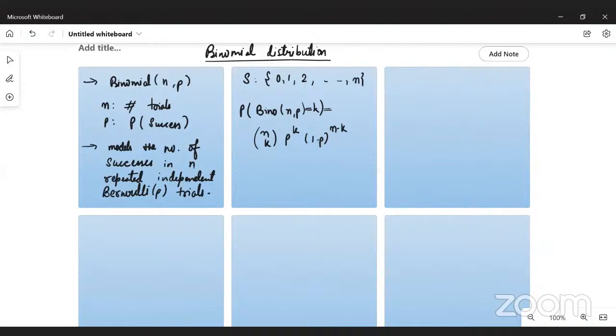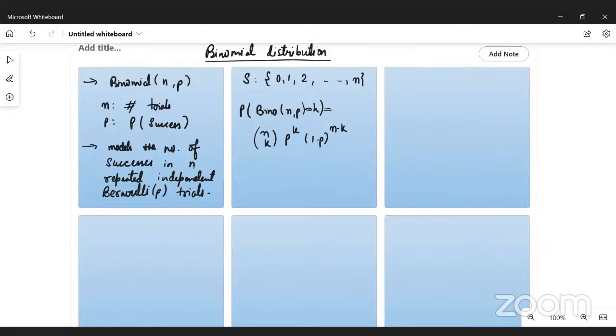Okay, so Bernoulli distribution is something where you have performed just one trial and you have defined occurrence of some event as success and occurrence of another event as failure.